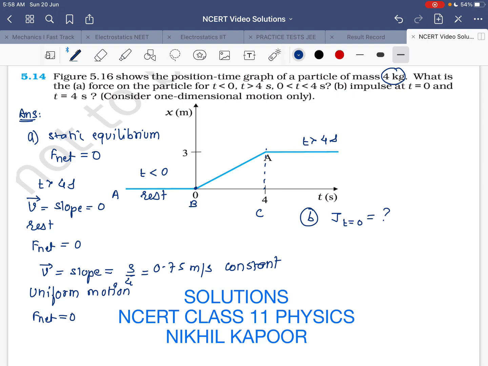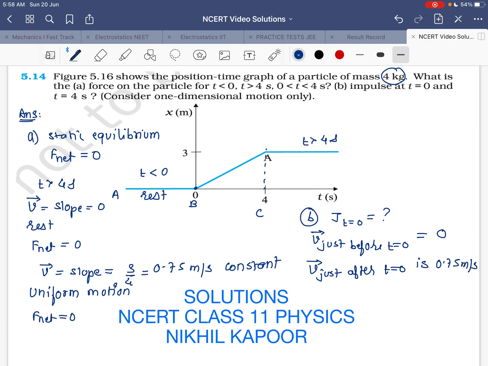From the graph you can see the velocity just before t equal to 0 is 0, and the velocity just after t equal to 0 is 0.75 meter per second.